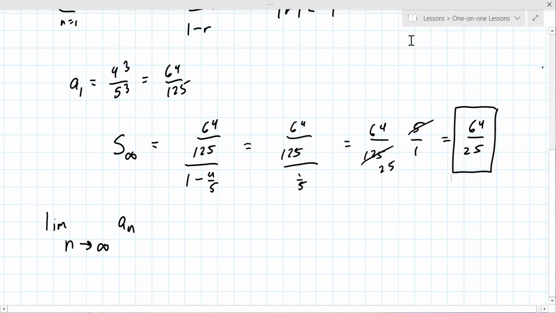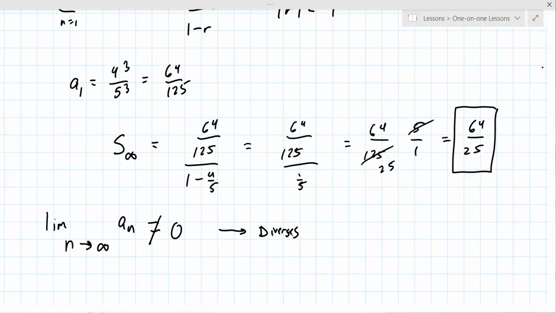Oh, okay. Now there are some problems where this does not go to 0. If this does not go to 0, then it diverges. But wouldn't this one converge though? The sequence converges to 0. Doesn't it converge to like 64 over 25?